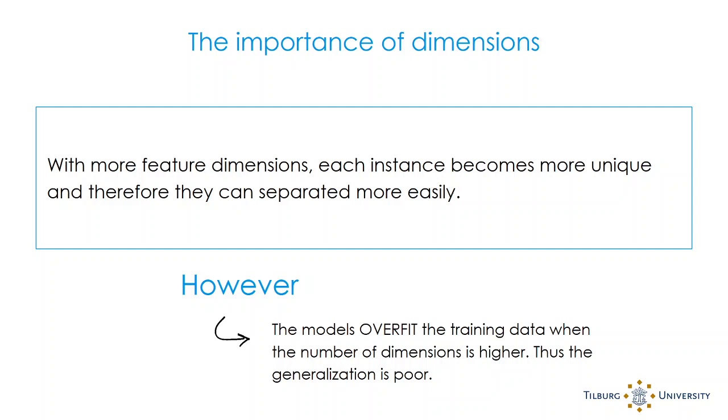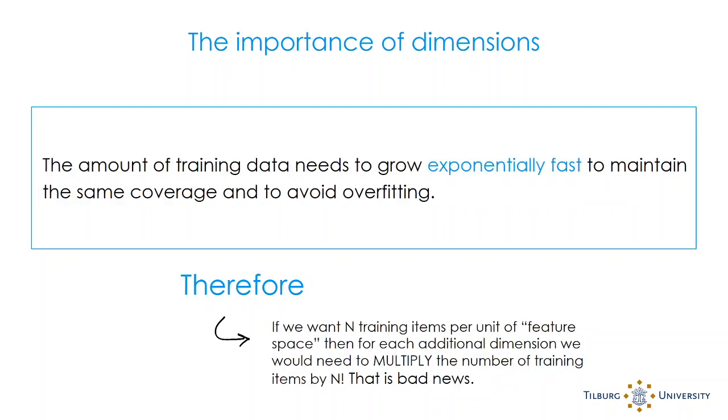Okay, so the main message here is that having a few features is dangerous because we cannot describe properly the problem, but at the same time, having too many dimensions will be a problem because we are increasing the risk of doing overfitting as well. So we need to find the trade-off.